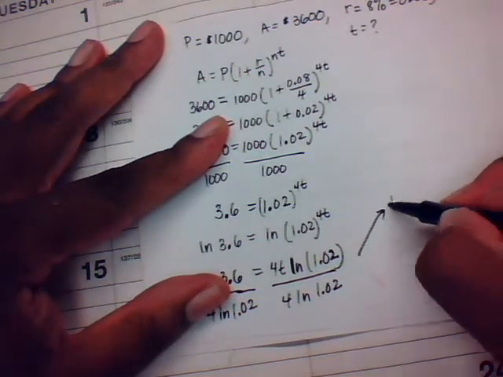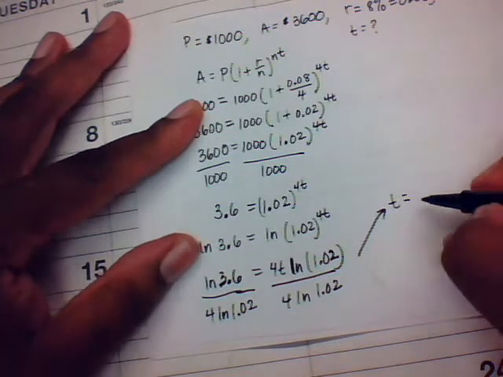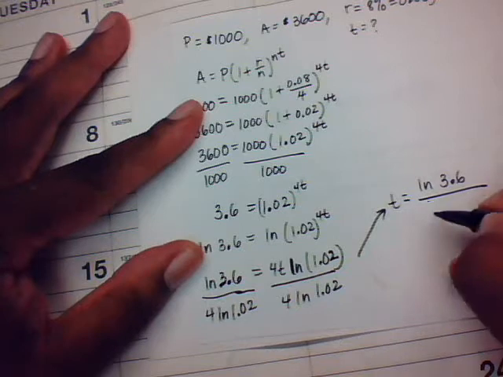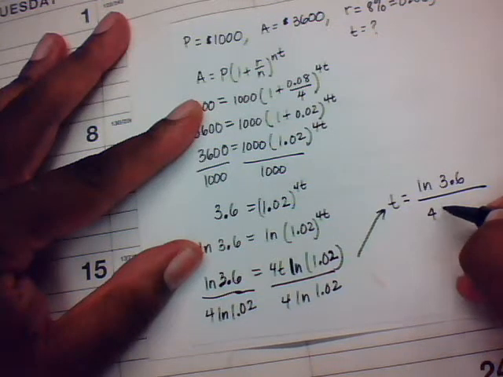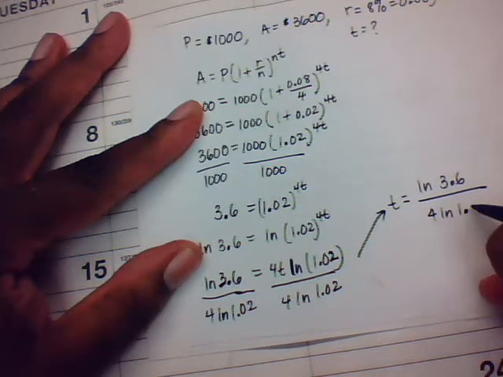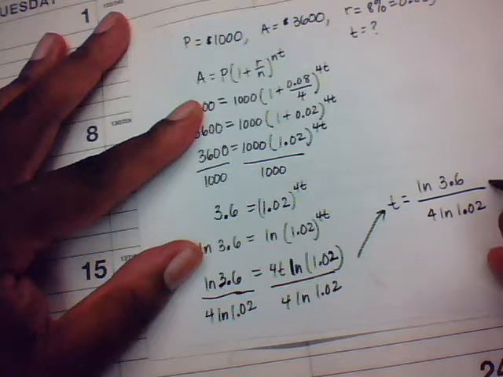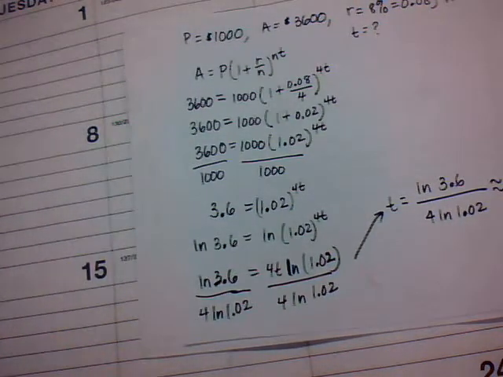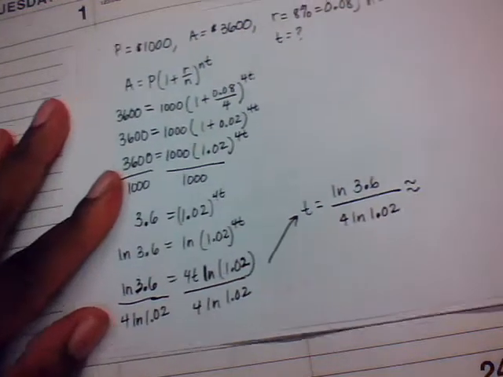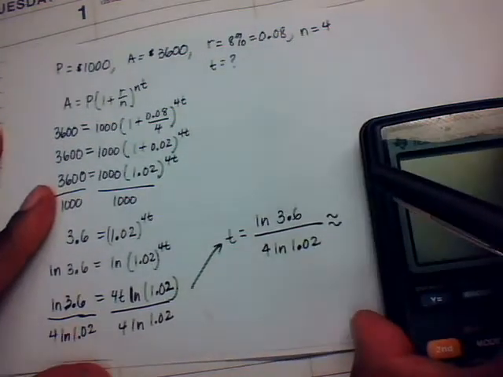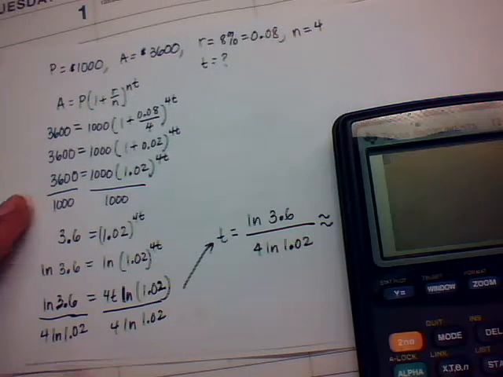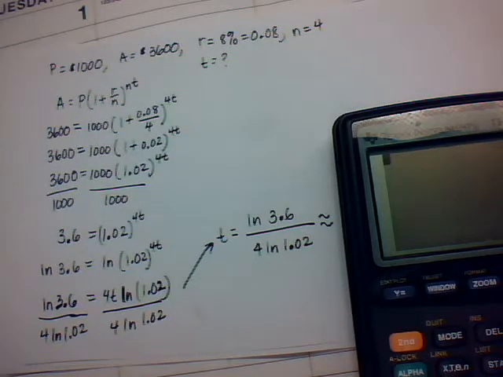So that means we're going to have t is equal to this expression: ln of 3.6 divided by 4 ln of 1.02. And we want to come up with an approximate answer for that. Now let's see how we're going to do this in the calculator.